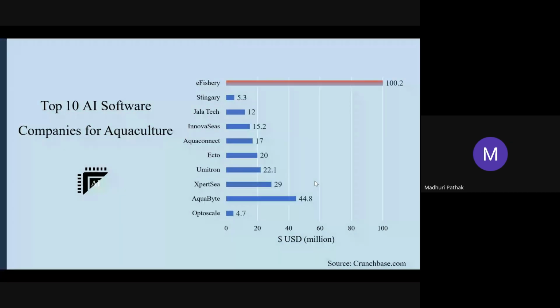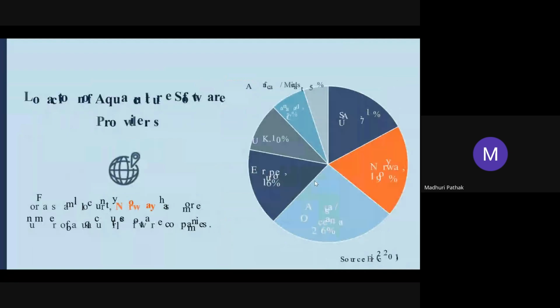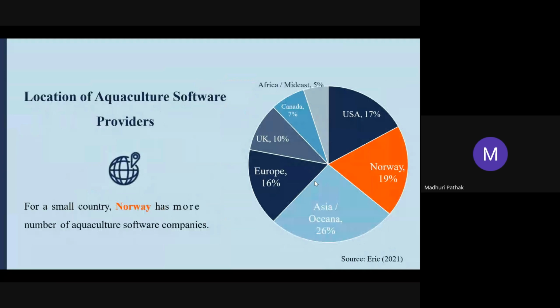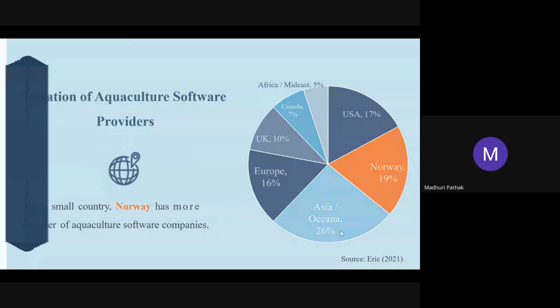Interestingly, Norway, the smallest of these countries, has the maximum percentage of aquaculture software companies. In Asia, around 26 percent of software companies are located.